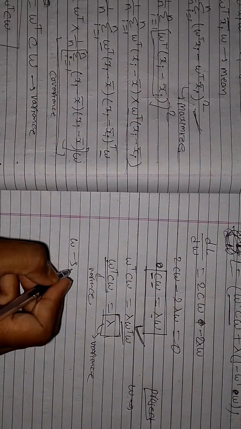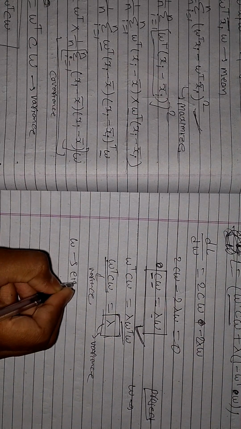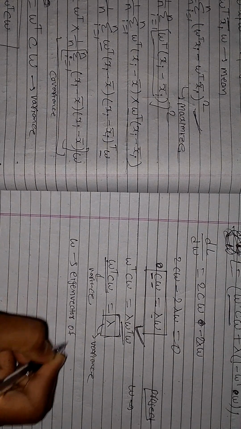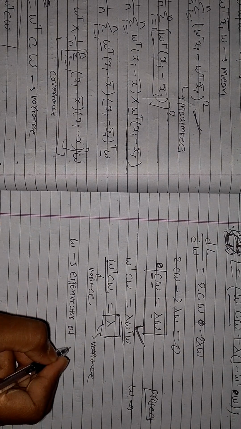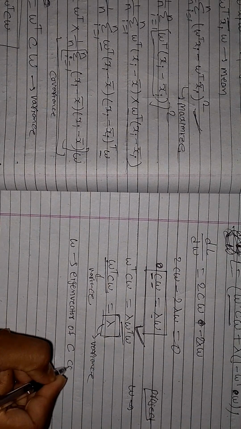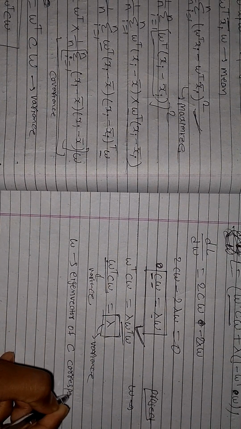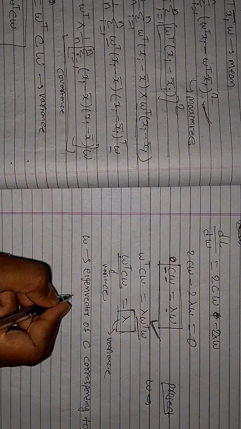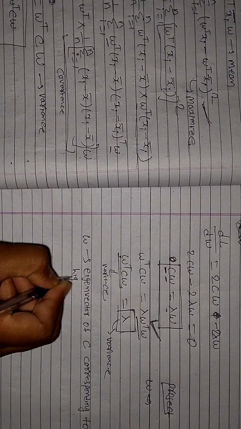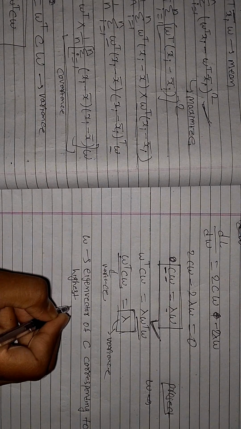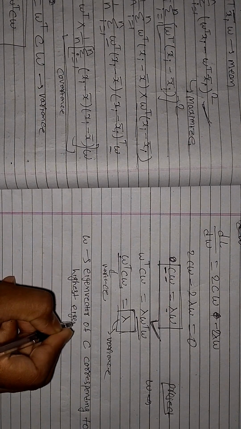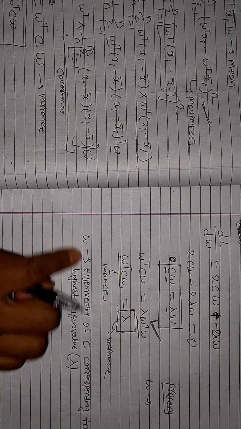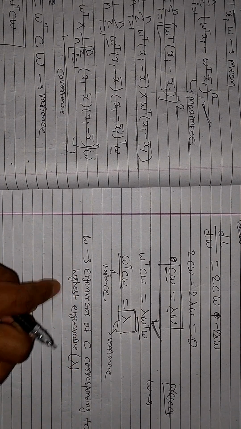W is the eigenvector of C corresponding to the highest eigenvalue lambda.